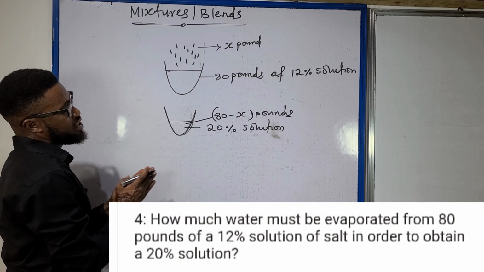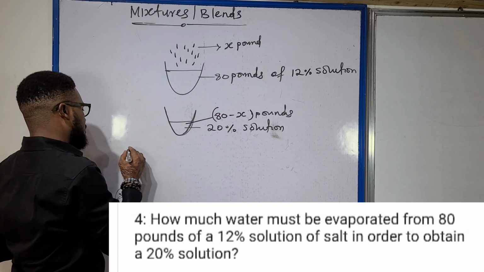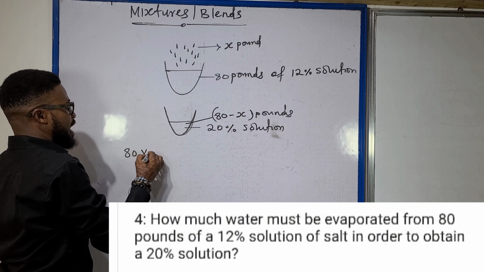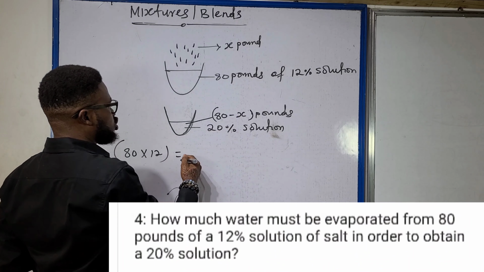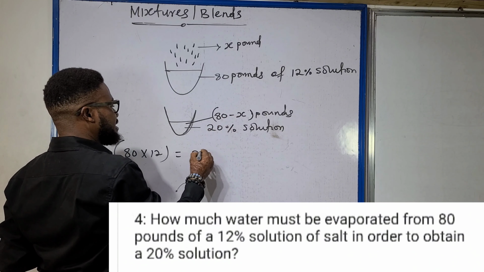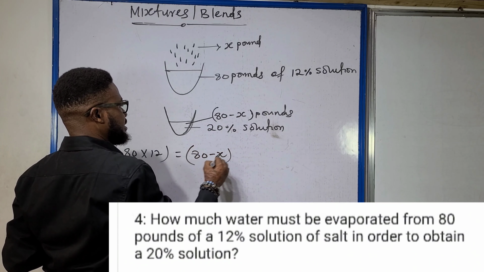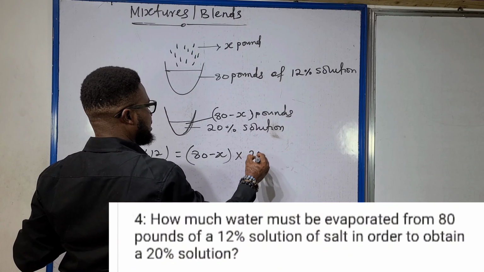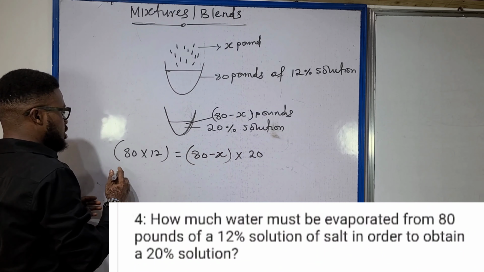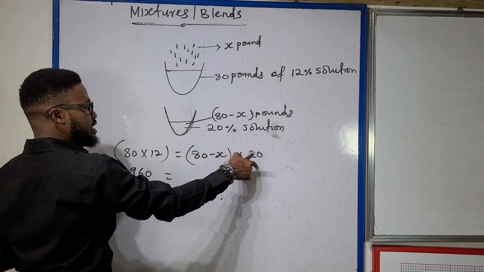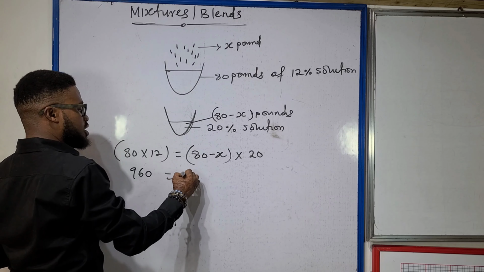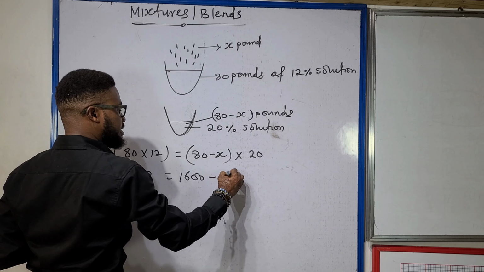So for us to create an equation, what we had before was 80 times 12% solution, which is equal to 80 minus x times 20% solution. So 80 times 12 is 960, equals 20 times 80, that is 1,600 minus 20x.